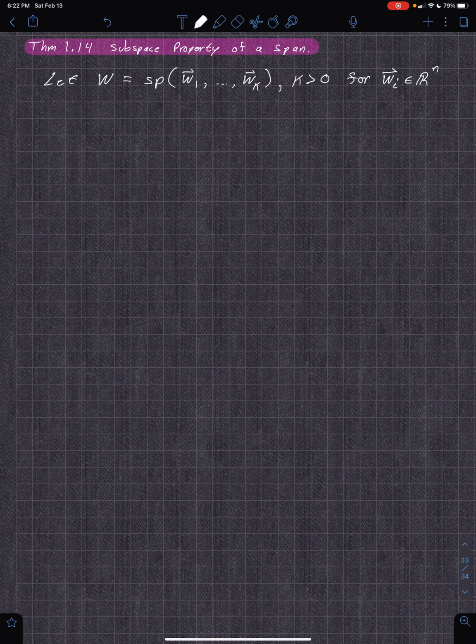Okay, so if that's the case, then W is a subspace. We can show that somewhat easily. Then W is a subspace of Rn. It may not seem obvious at first, but once we show the proof, that should give rationale to why.